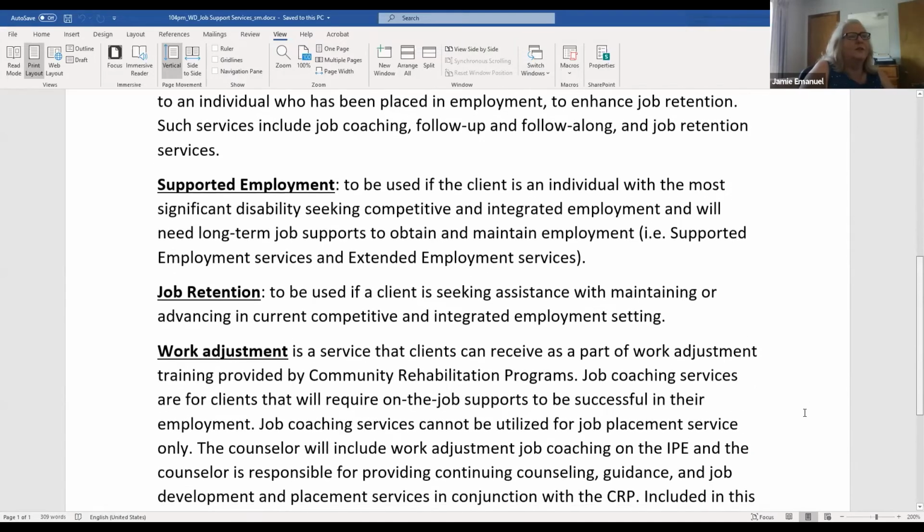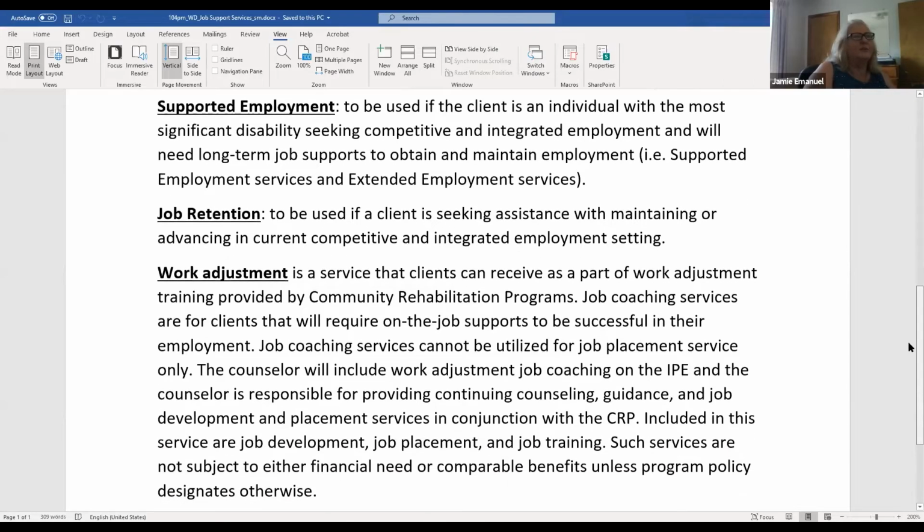This is a service that is used if a client is seeking assistance with maintaining or advancing in current competitive and integrated employment settings. And I look at this as a different kind of case in which the consumer is already employed, but they come to you asking you to help them retain their employment due to their disability.